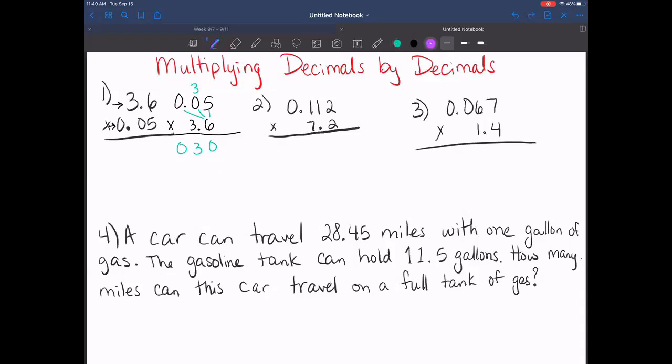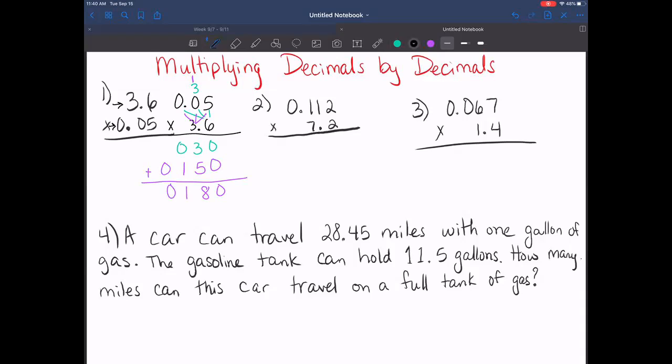I'm going to change colors. And then 3 times 5 is 15. I carry my 1. 3 times 0 is 0, but I have that plus 1, so I'm going to put that 1 there. And then 0 again. Now I add it all up. That's going to give me 0, 5, 6, 7, 8, and then 1 and a 0 again.